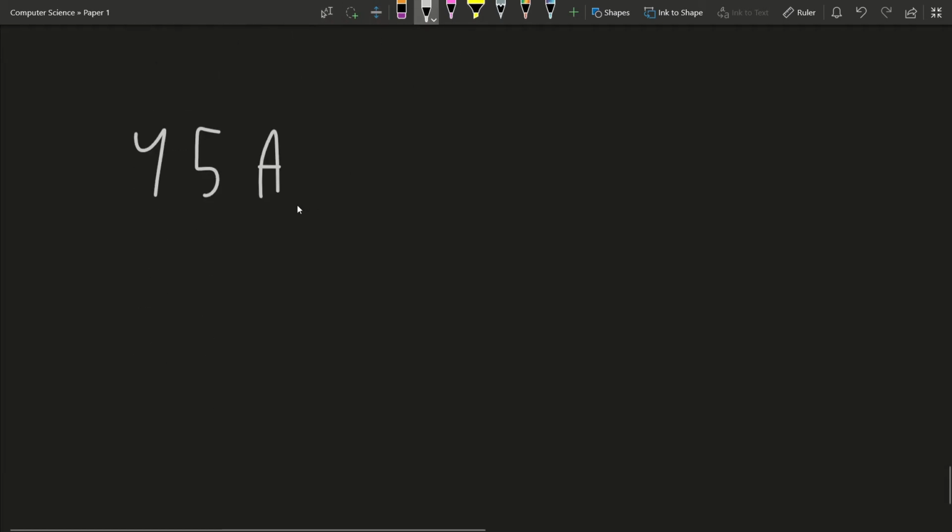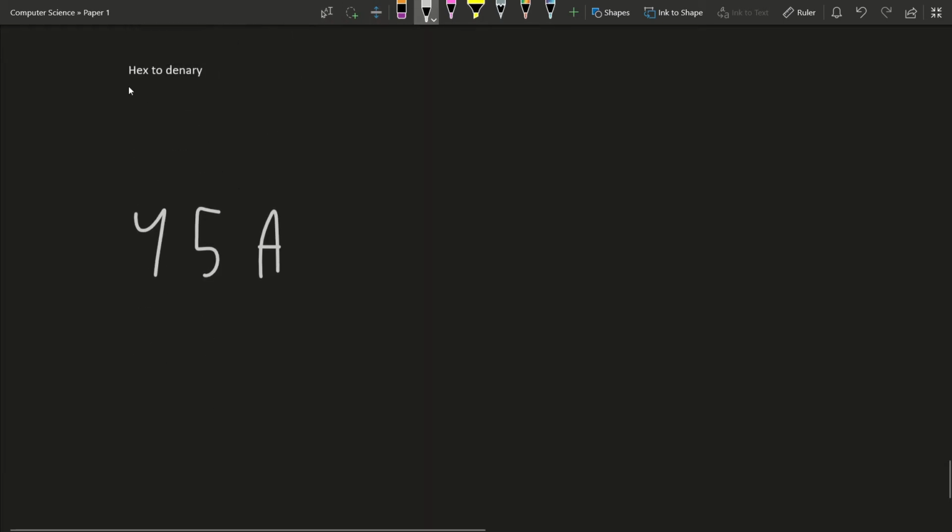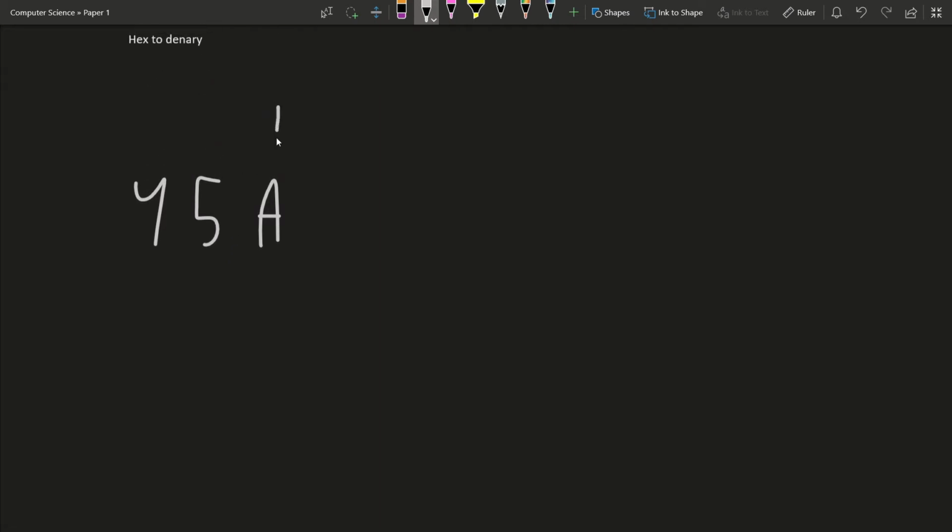So since we're using hexadecimal, we're going to do the same thing that we had initially, but instead of 1, 2, 4, 8, it's hexadecimal, so 16, 256.